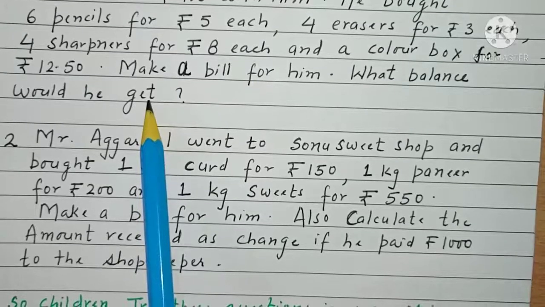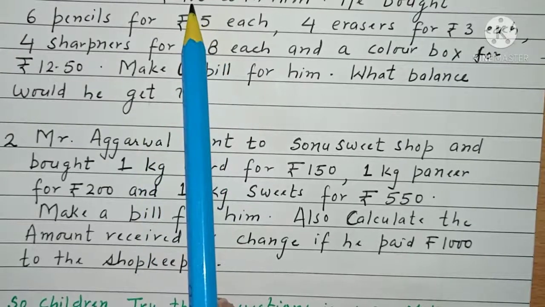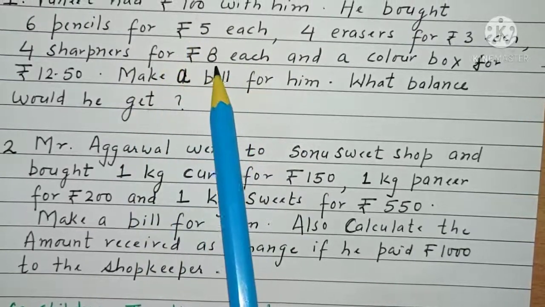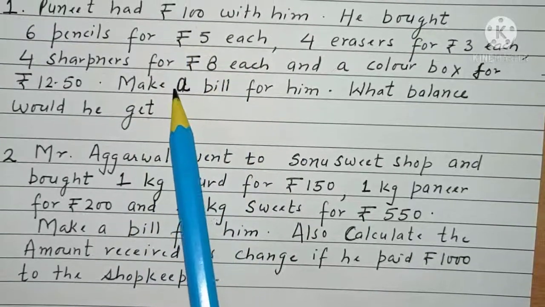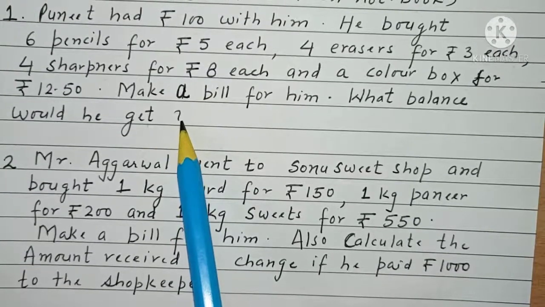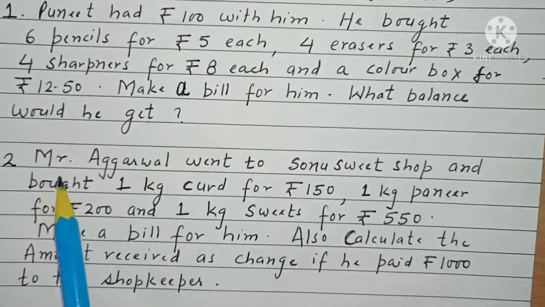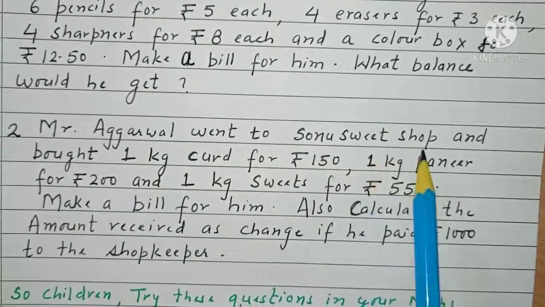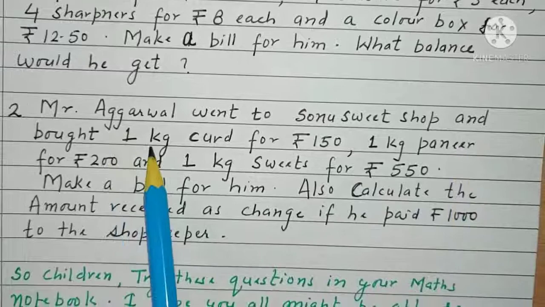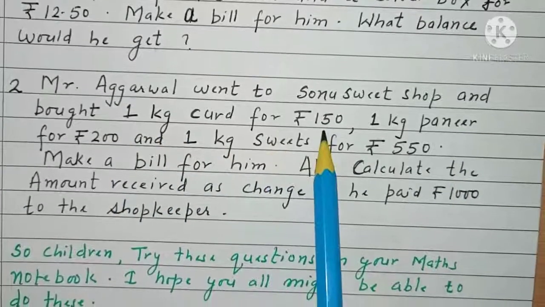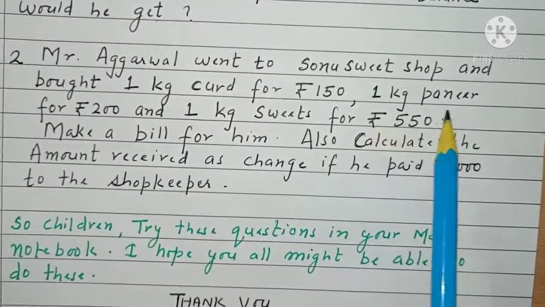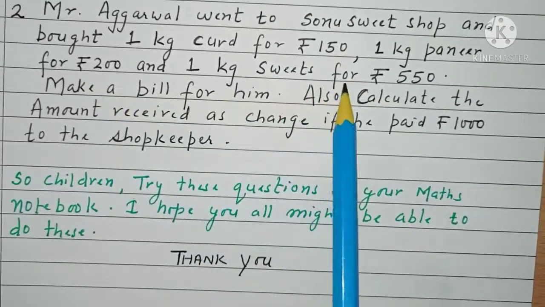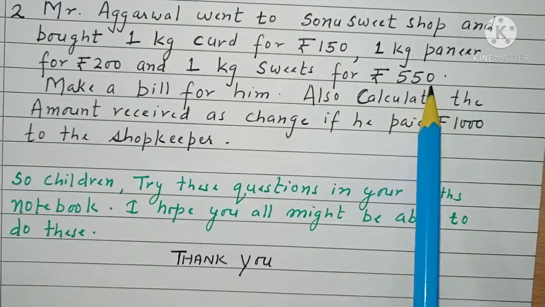Students, the amount with Punit is rupees 100. So, what purchases he is doing, you have to calculate as per the quantity. So, just try this question. Question number 2 is, Mr. Agrawal went to Sonu sweet shop and bought 1 kg curd for rupees 150, 1 kg paneer for rupees 200 and 1 kg sweets for rupees 550.